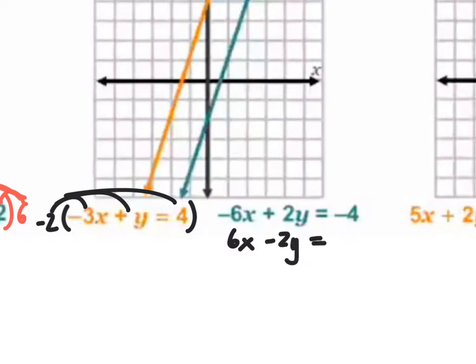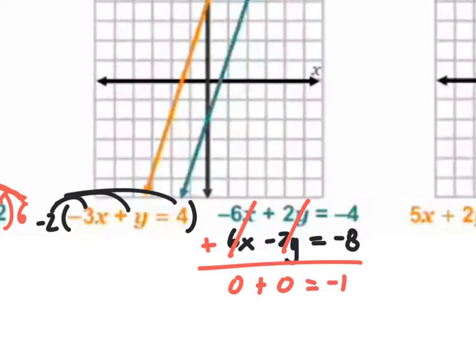And then I'm going to get negative 8. Now if I add these together, I'm going to eliminate the x term, negative 6x plus 6x, which gets eliminated to 0. And then I get 2y plus negative 2y, which also gets eliminated, and we get 0. So I get 0 plus 0, and that's going to equal negative 12.